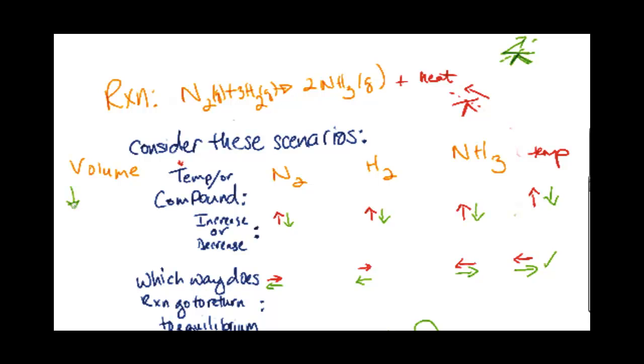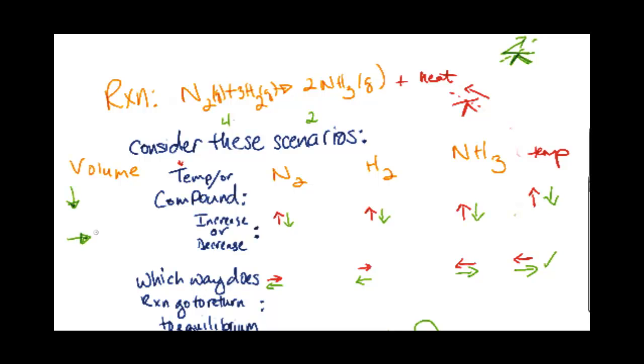When you decrease the volume, the rule was you go to the side that had the fewer moles. That way you have fewer molecules running around. Okay, so this left side had 3 plus 1 is 4. This side had 2, so it would drive it to the right.